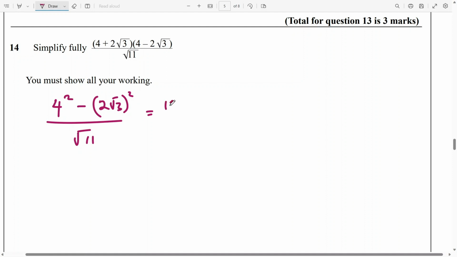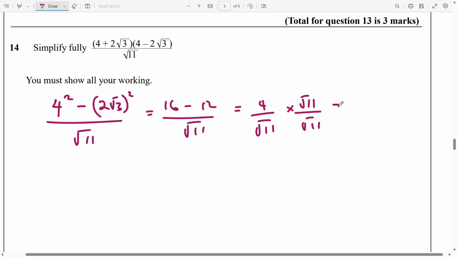And this is going to be 16 minus, now 2 root 3, let me work out here, 2 root 3 times 2 root 3. 2 and 2 is 4, and root 3 times root 3 is 3. So that's 12. So minus 12 divided by root 11. All right, and this is going to be 4 over root 11. And then we can now rationalize root 11 over root 11. So that's 4 root 11 over 11. And that's the answer.